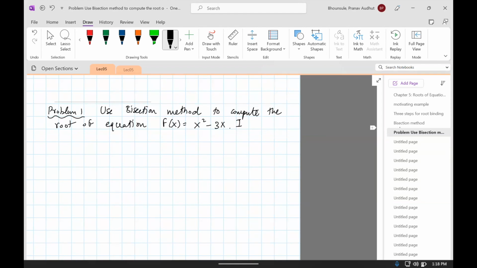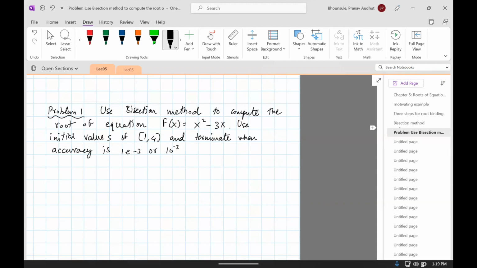I'm going to give you the initial values. Use initial values of 1 and 4, and terminate when accuracy is 1e-3, or 10 raised to -3, the same thing.